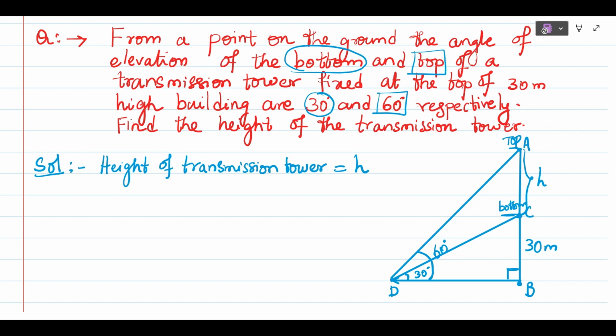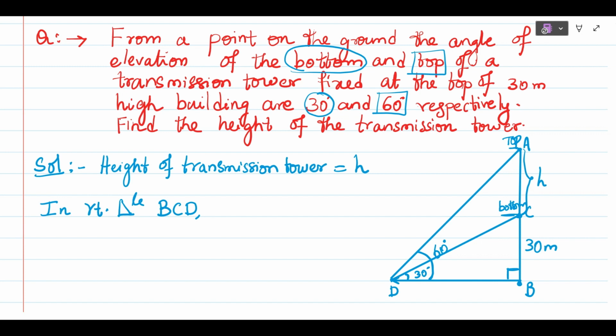So here you can see, if you observe carefully, two right angled triangles. So I am taking the first right angled triangle. In right triangle, first I am taking triangle BCD. Is it clear?